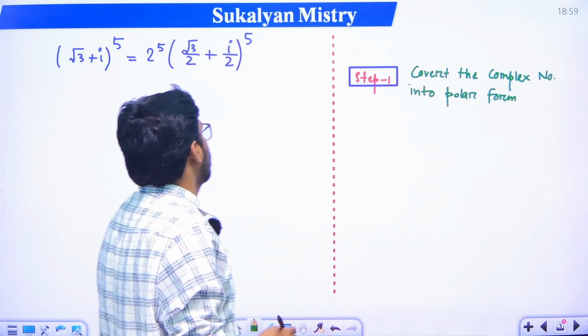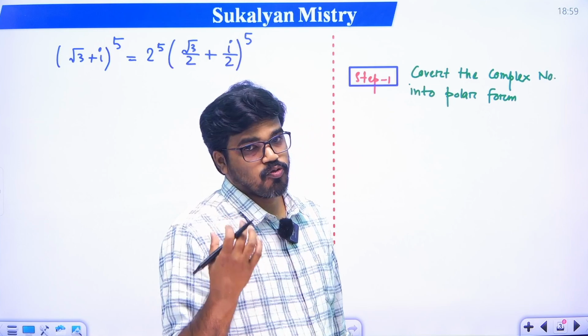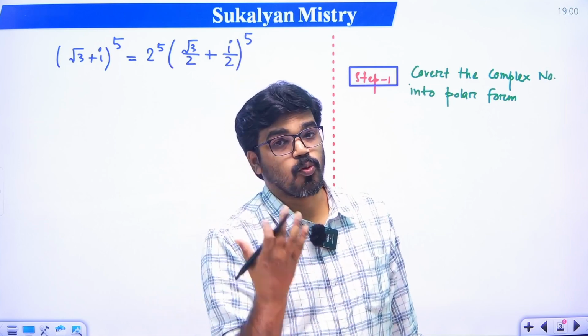Okay? So √3 plus i is the complex number. First we have to convert it to its polar form.